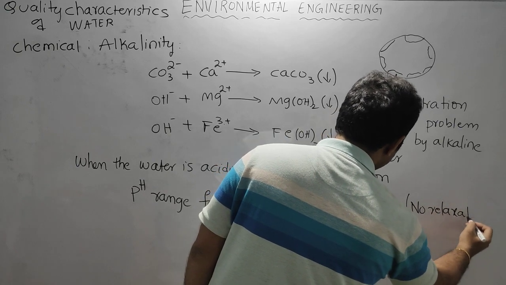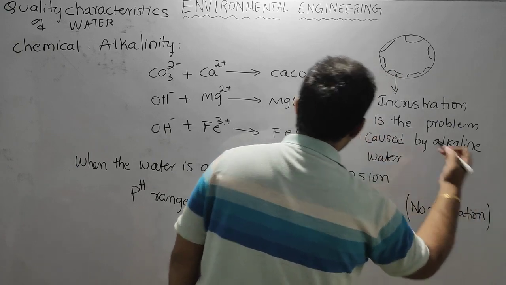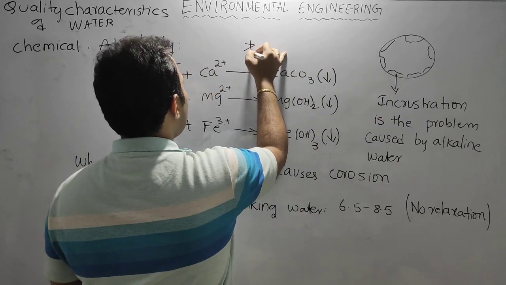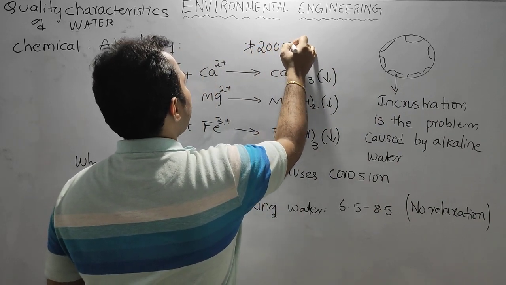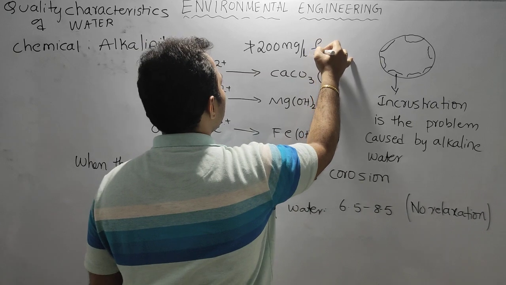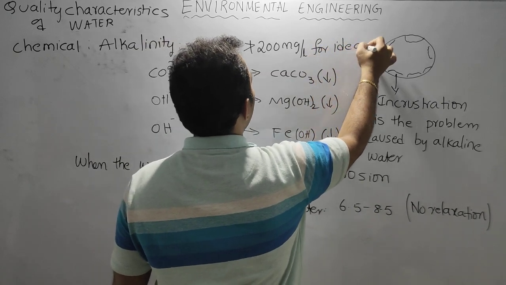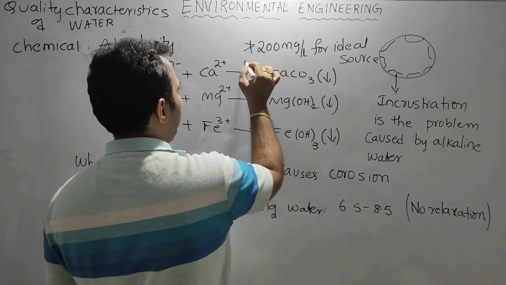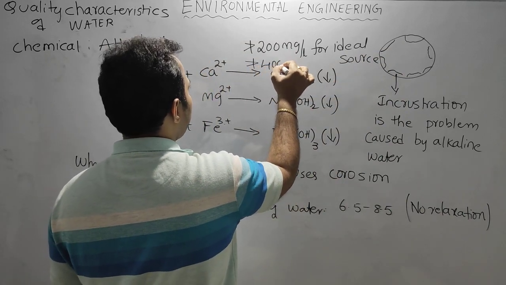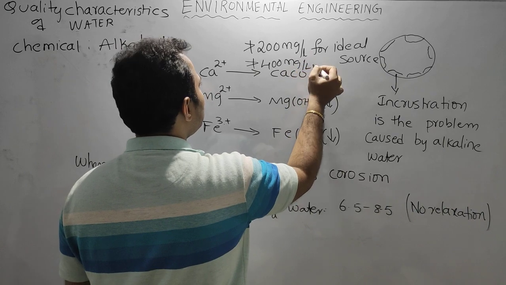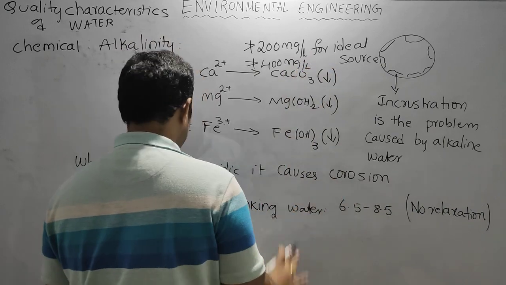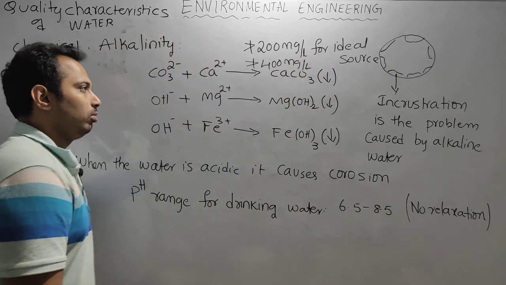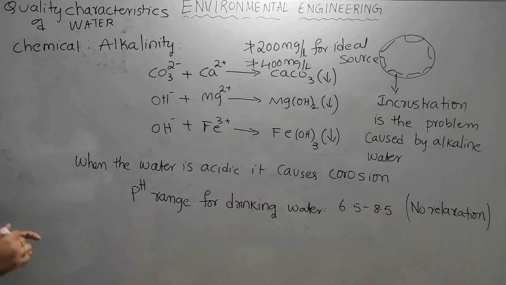For alkalinity there is relaxation: it should not be more than 200 mg per liter for an ideal source, and it is relaxed up to 400 mg per liter. But there is no relaxation for the pH of the water. So this is all about alkalinity.